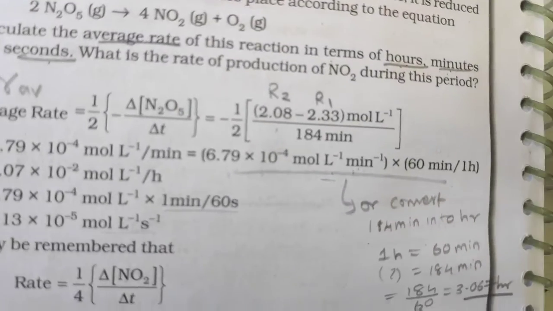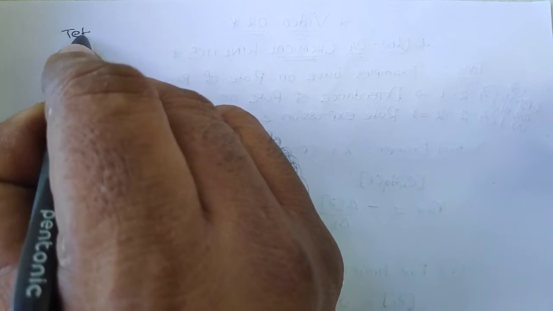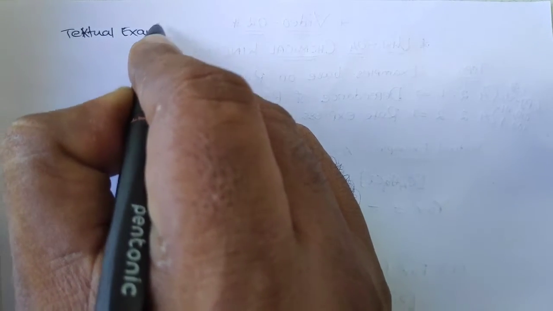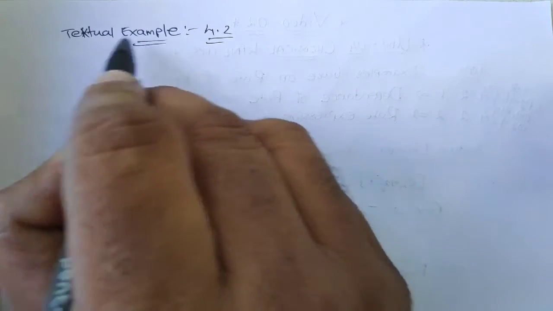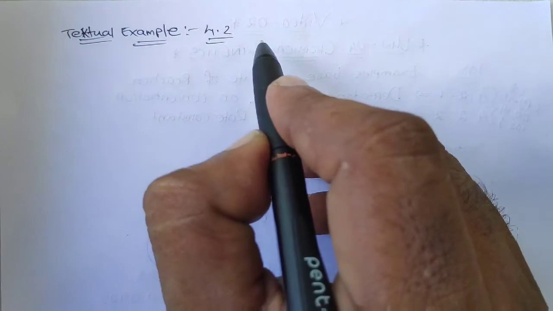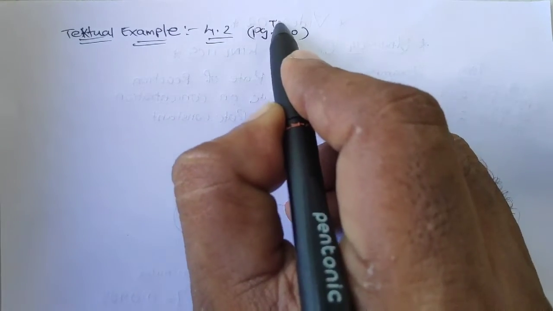See. Okay, now when we are talking about textual example 4.2, it is given on page 100 in your textbook.